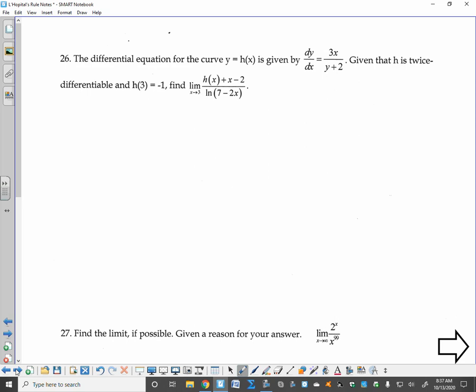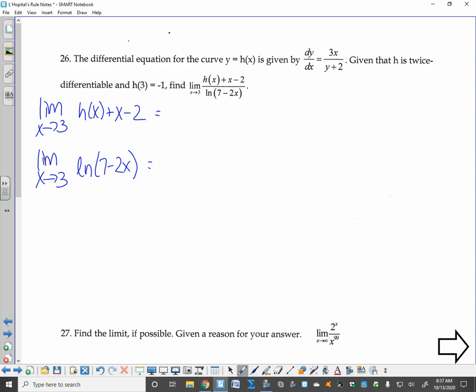So first, let's just straight up try to find the limit. So let's do the limit as x approaches 3 of h of x plus x minus 2. And then let's do the limit. Like, let's treat this like it's an FRQ. So let's do them separately and see what's going on.